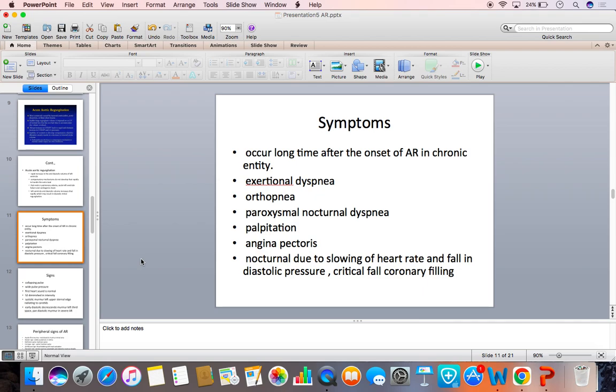There is nocturnal angina due to slowing of the heart rate and fall in diastolic pressure. Okay, that results in critical fall in coronary filling. Coronary filling takes place during diastole, and when the diastolic pressure drops in the root of the aorta, coronary filling falls to a very low level, resulting in angina.